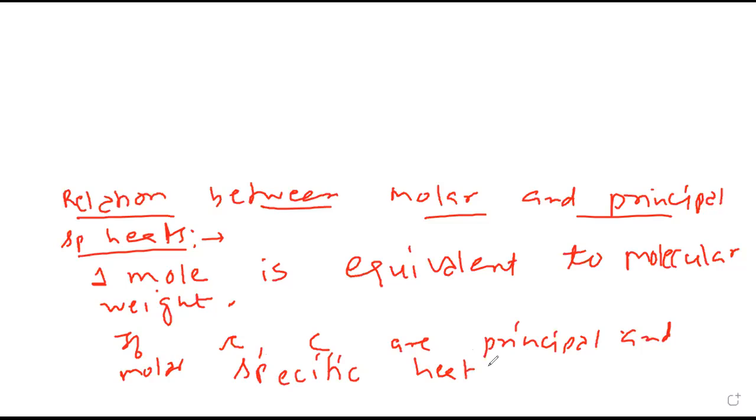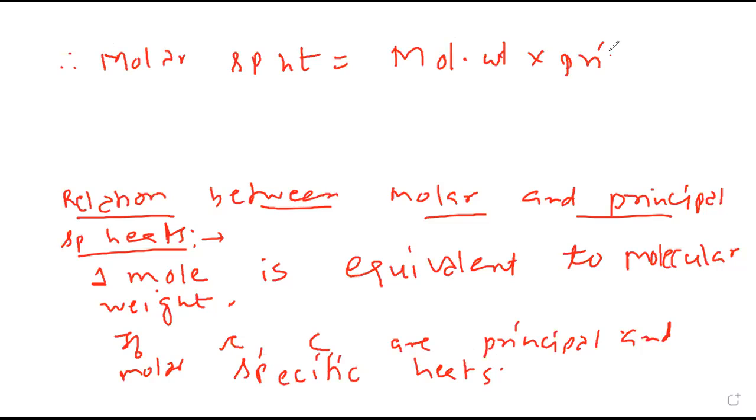Then can I say molar specific heat is molecular weight into principal specific heat? Because principal is for 1 kg, molar is for molecular weight. So molecular weight into principal. That is, capital C is molecular weight into small c. Small means principal and capital means molar.